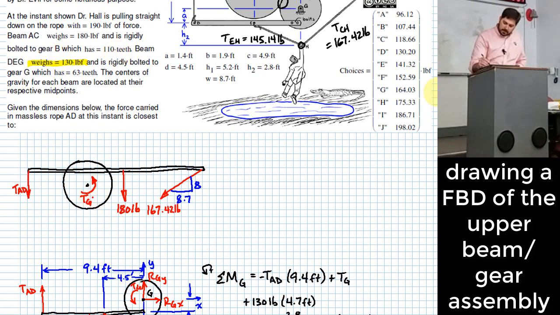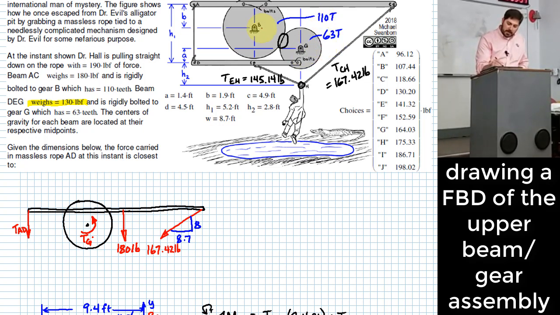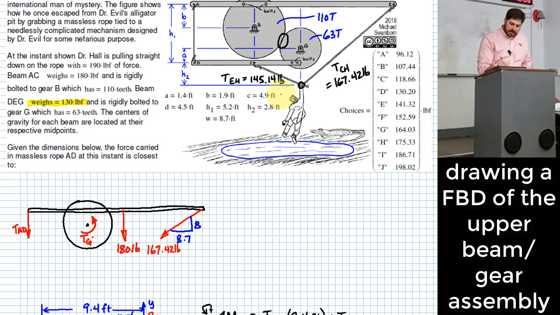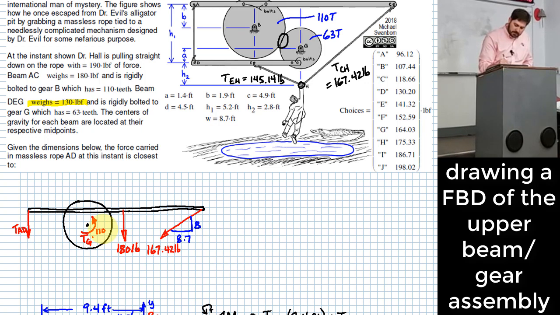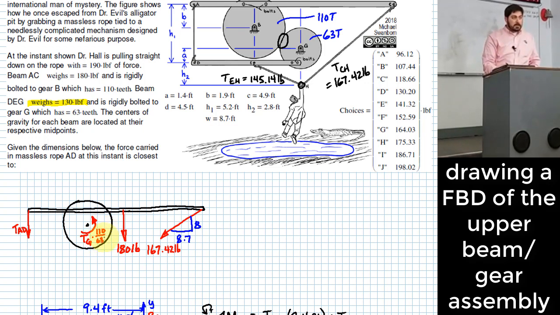Gear B has 110 teeth, gear G has 63 teeth. Gear B probably has more torque because it's the larger gear, and it's larger by the ratio of the number of teeth in the two gears. So if I take TG and multiply it by 110 over 63, that would be the torque felt in that other gear. Does that make sense?